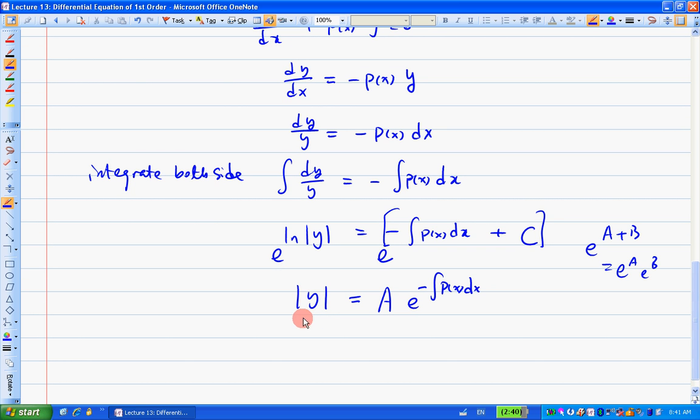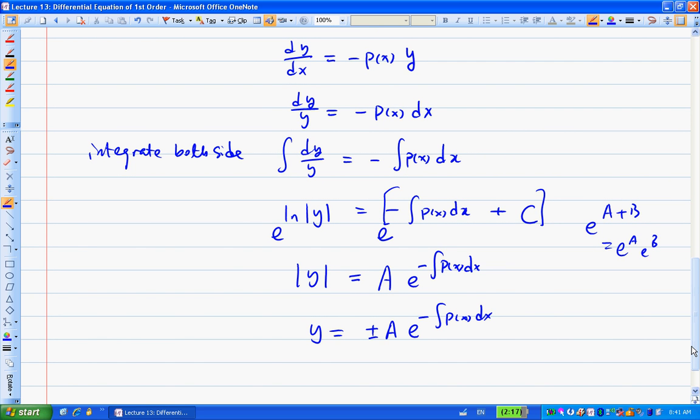But I guess you don't really like to have the absolute sign here. If you get rid of the absolute sign, then y equals plus or minus a times e to the power of the integral of p(x) dx. So positive and negative a means the solution for y can be a positive value or a negative value.